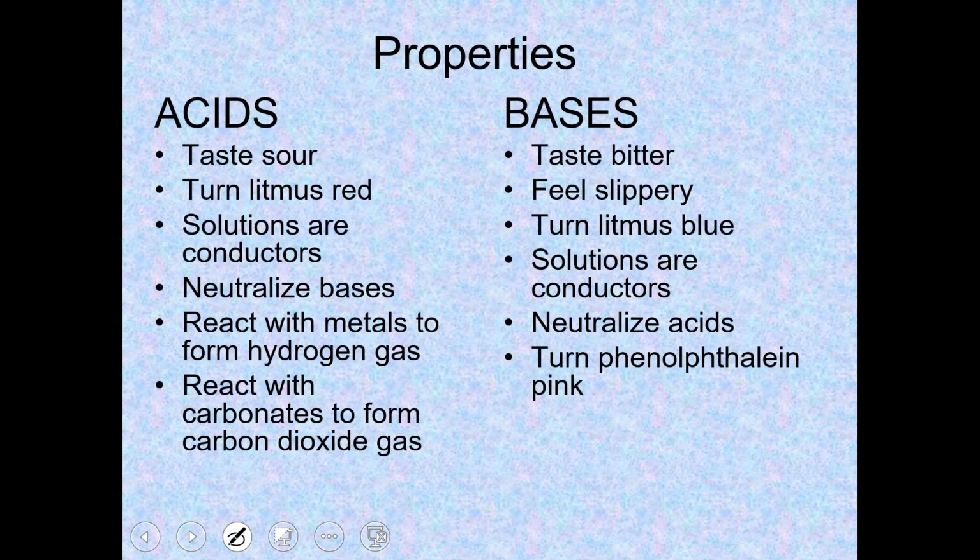For example, some acids like citric acid, ascorbic acid. Ascorbic acid is vitamin C. Did you ever chew a vitamin C pill? Woo, really sour. If you look at Sour Patch Kids, they are coated with citric acid on the outside.